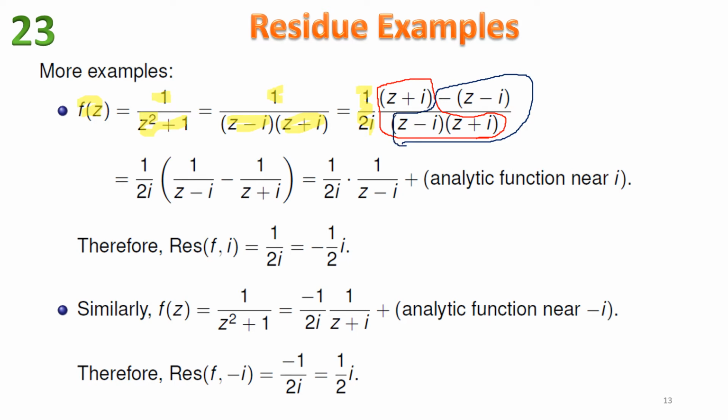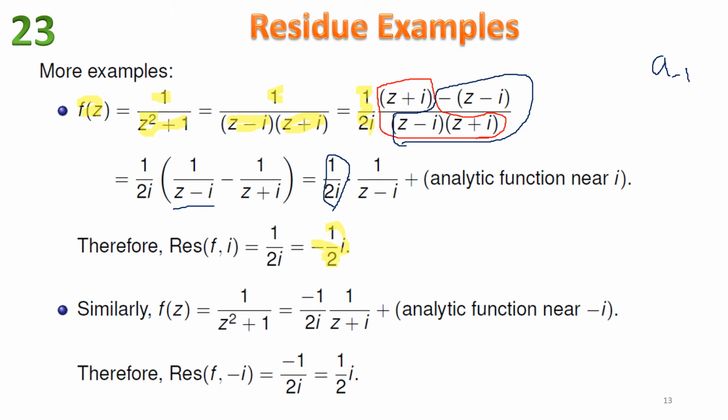Now here we have this interesting term, a_k for k equal to minus 1, and the coefficient of that term is 1 upon 2i. So this can be further simplified as minus i upon 2.